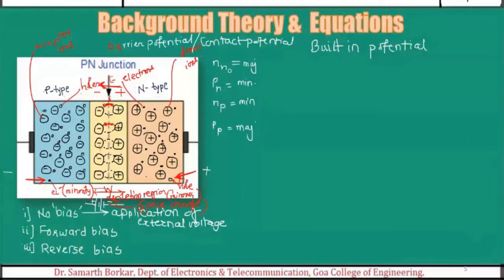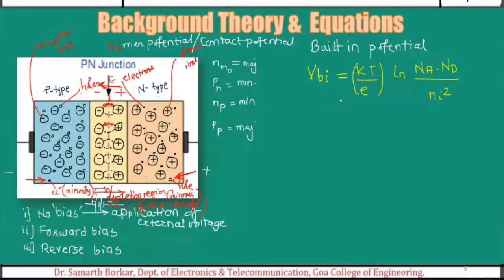Now due to this, we are going to have a built-in potential, and straight away we can write the equation for it. The built-in potential is given as VBI equals KT by E times the natural log of NA ND upon Ni square.